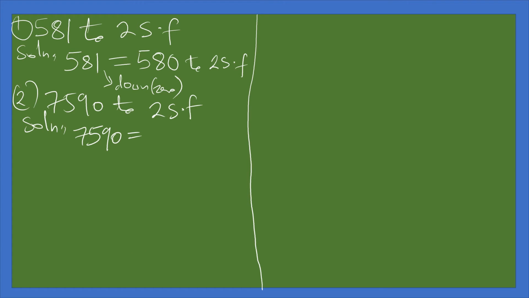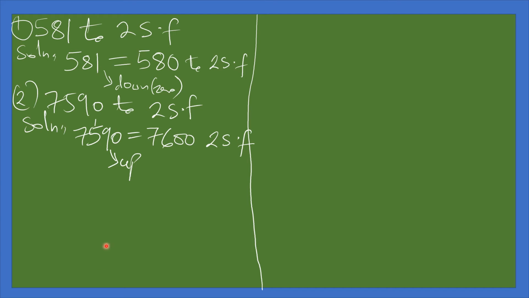Because the 9 is greater than 5, we round up. Remember, in the number 1 example we rounded down. Now in this case we are rounding up. So when you round up, you add 1 to this 5. Your answer will now be 7600 to two significant figures.